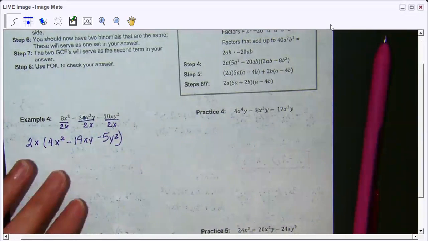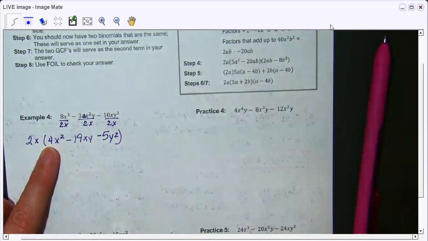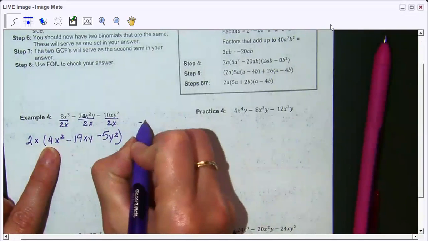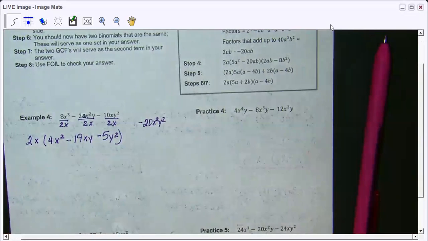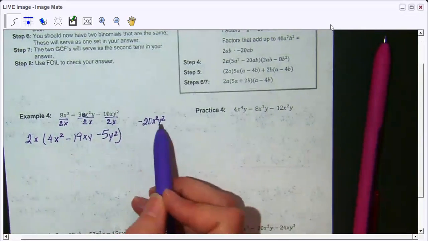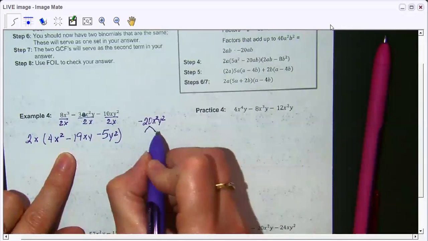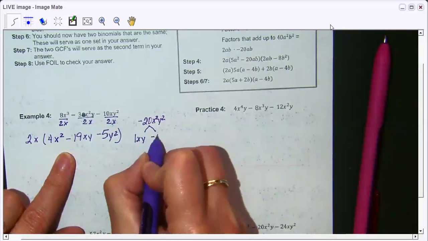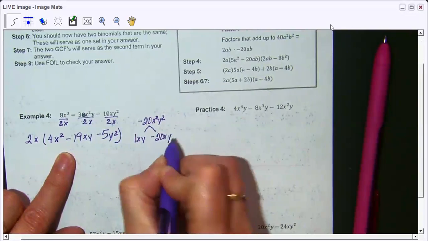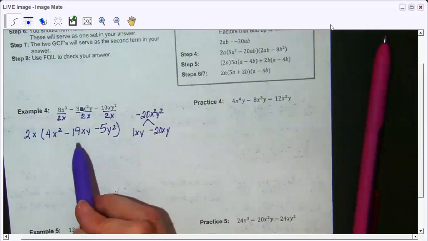We multiply negative 5y squared times 4x squared, and we get negative 20x squared y squared. So what are factors of this product that add up to negative 19? Yes, 1xy and negative 20xy. That gives you negative 19xy, which is what we have right here.